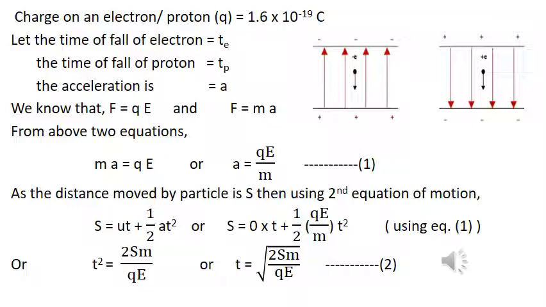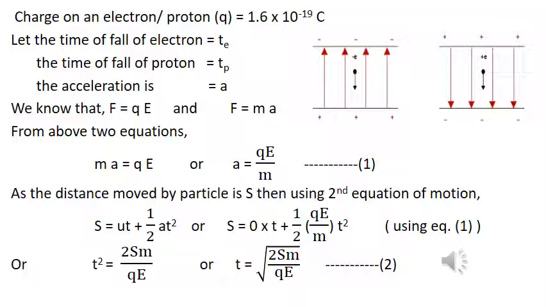Now we can write the formula of force. F is equal to Q into E, and also using Newton's second law, F is equal to M into A. Equating these two equations, we get Ma is equal to QE.